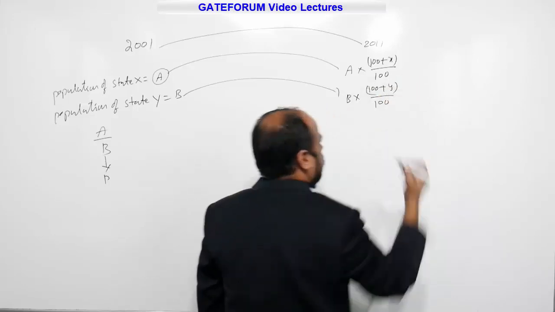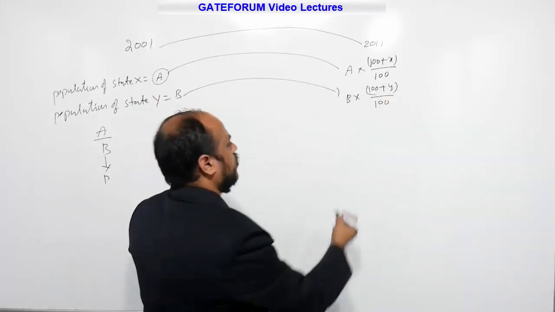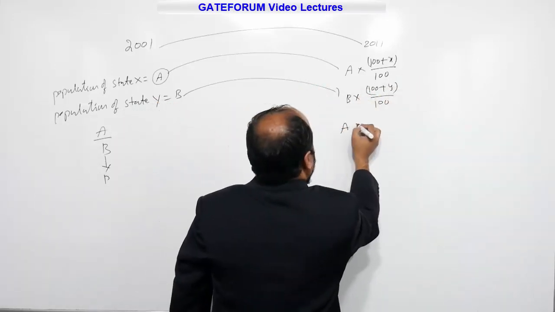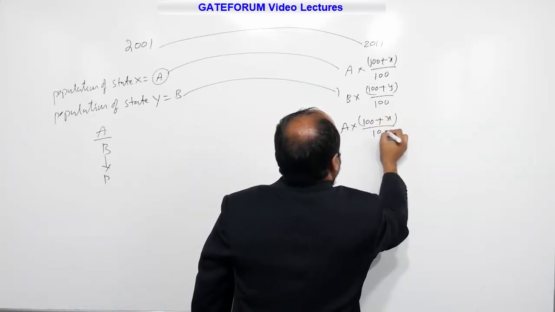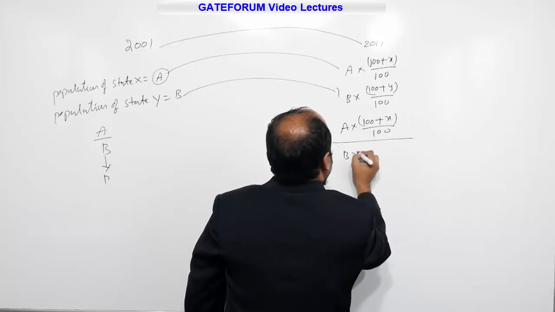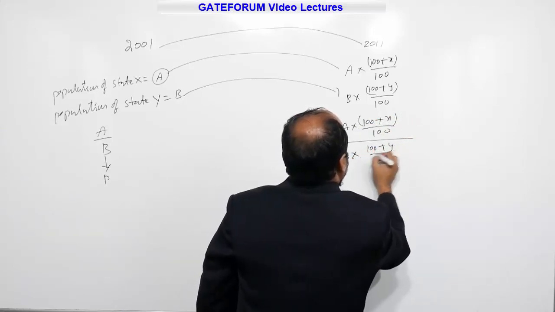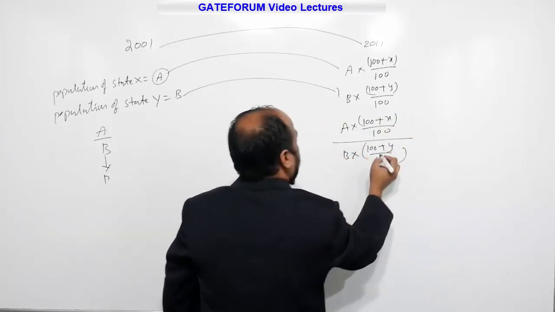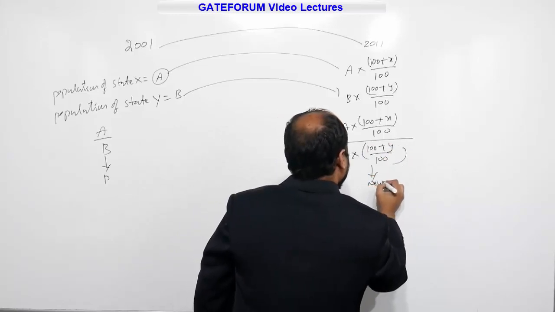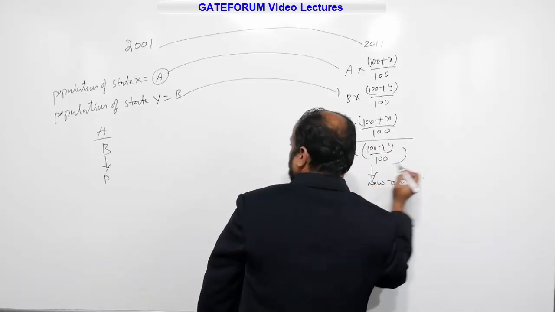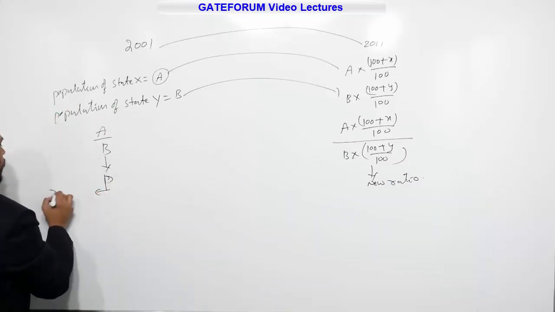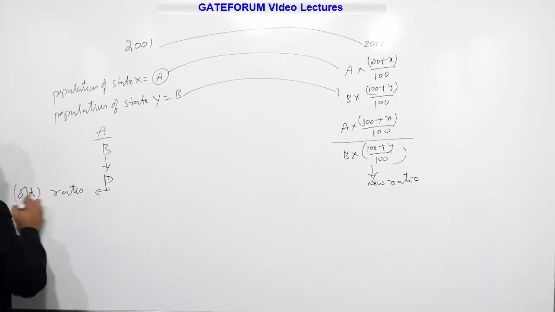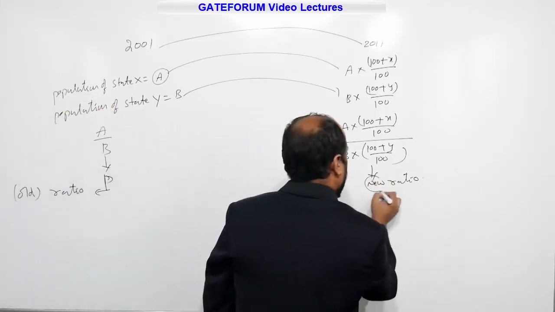Now if we take the ratio of these two, this is the new ratio: A into 100 plus X divided by 100, whole divided by B into 100 plus Y divided by 100. This is the new value, and P is the old ratio, the previous value.